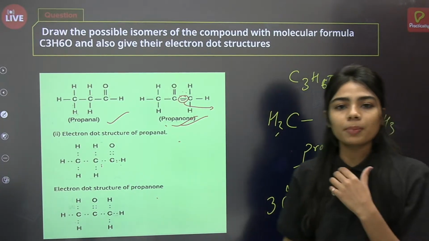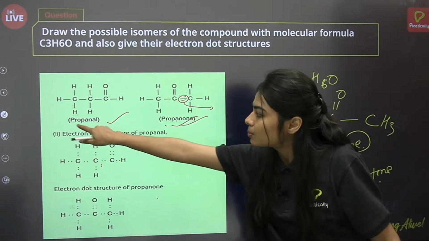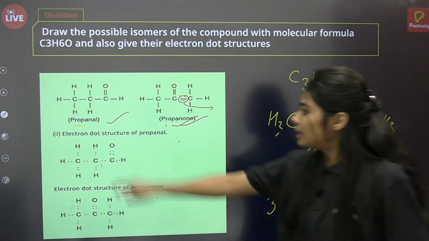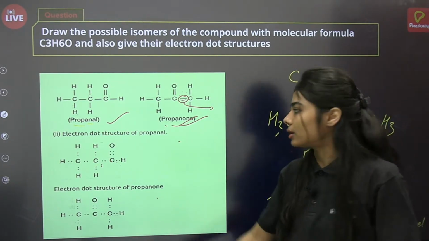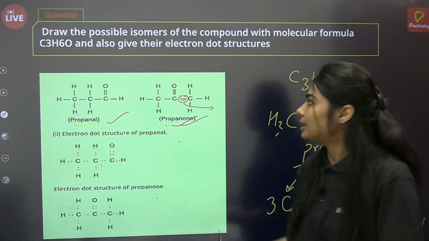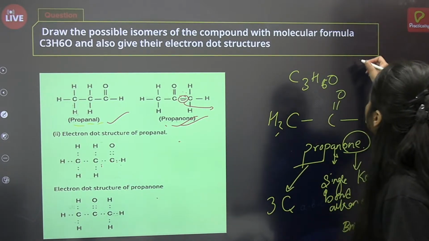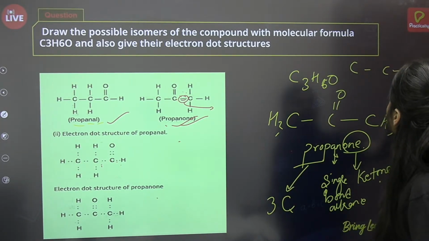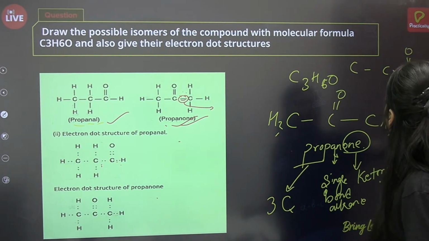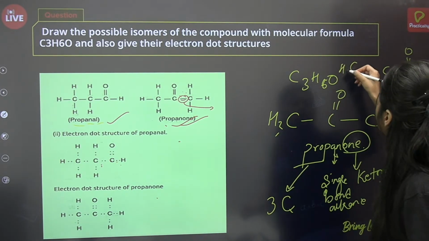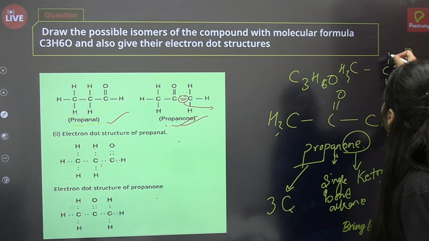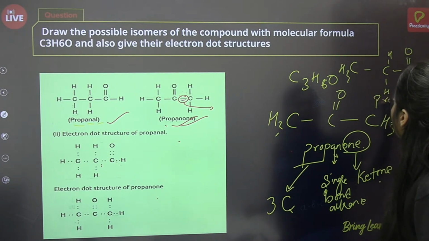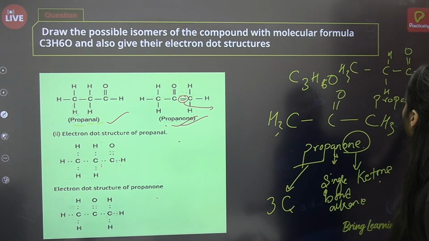What about propanal? Again, prop means 3 carbon. Ane means single bond. Al is what? Aldehyde. If I want to draw the structure, so 3 carbons. Here, double bond O, H, CH3 and CH2. So what is that? Propanal.